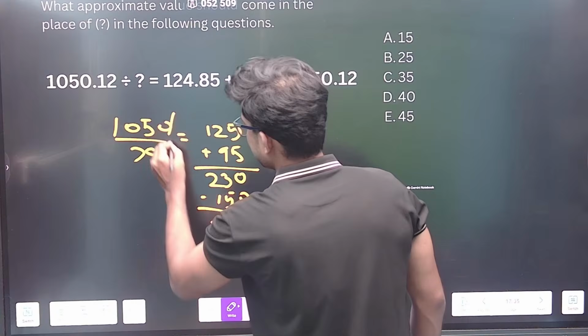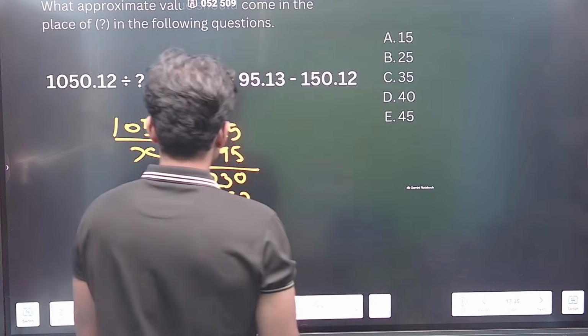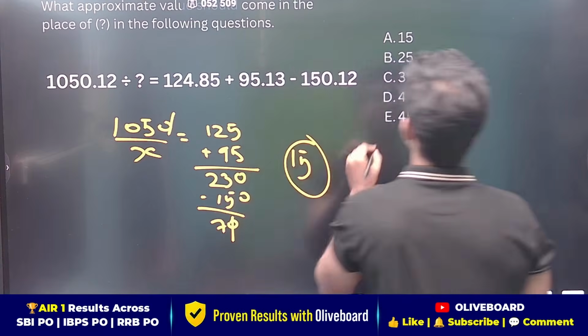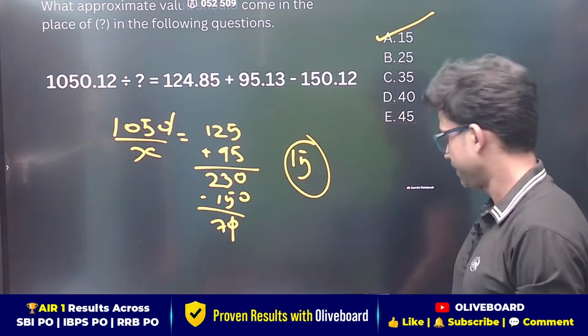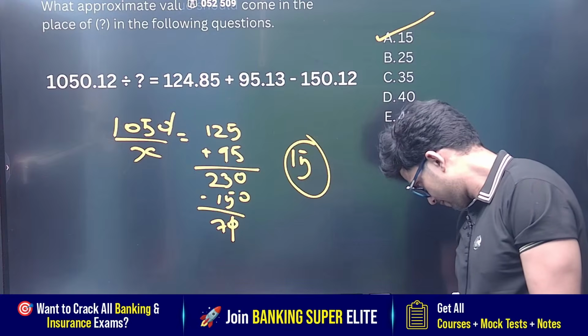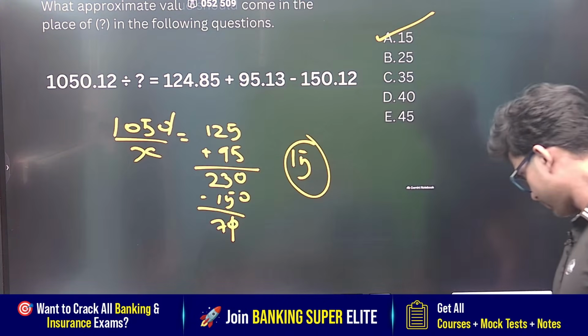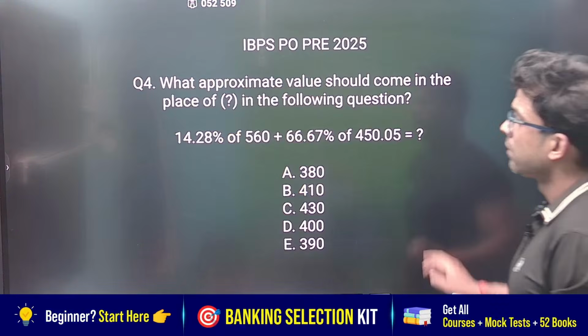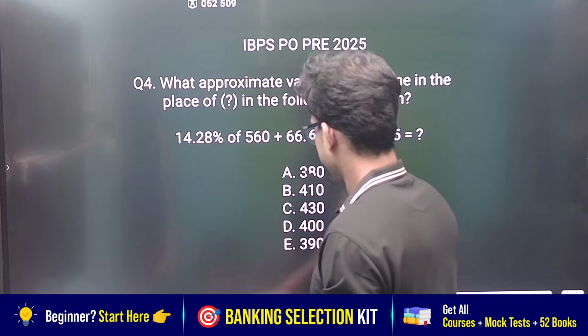This 0 and this 0 will cancel out and the value of x would be 15, correct? So my answer is 15, option A. Clear? Let me go for this one.